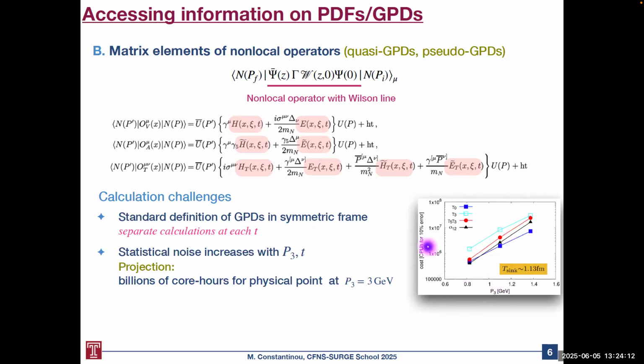So what you see here is basically the cost of producing data, different values of the momenta of the external states. This is an important requirement. When you hear about these novel methods, the external states must be boosted.